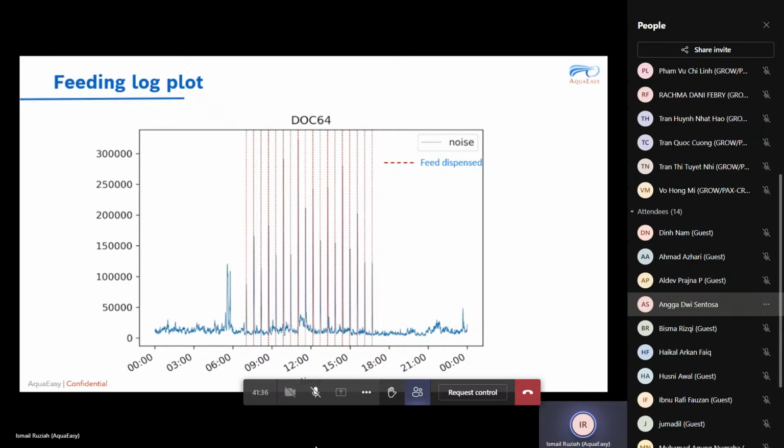So another question is just to confirm again about the concept of the AI feeder's feeding. Normally, for the first feed dispense, do we dispense the feed first and get the shrimp response, or do we get the shrimp response and then dispense the feed?